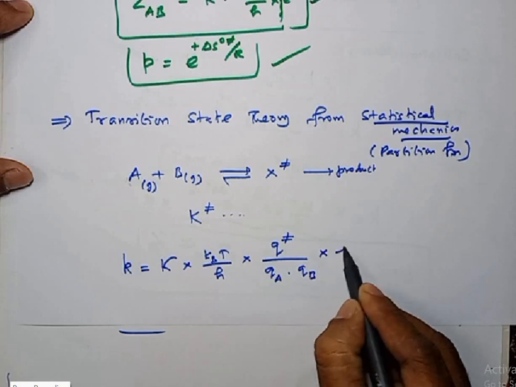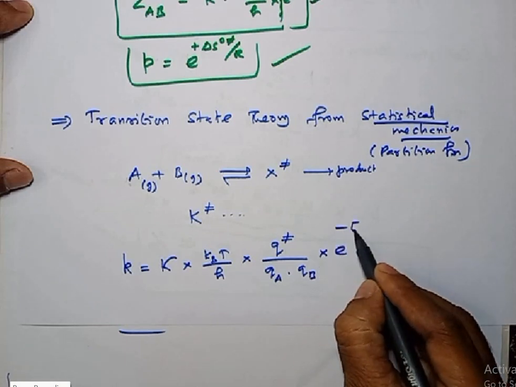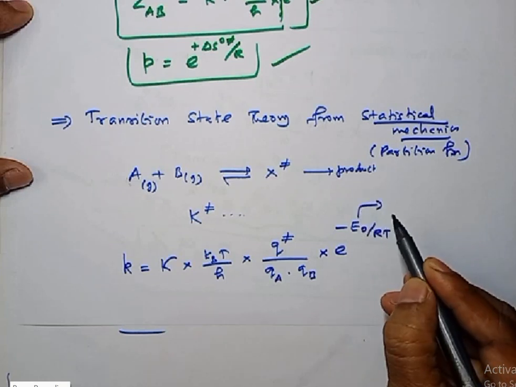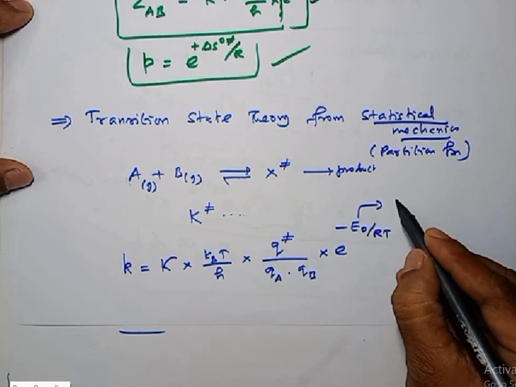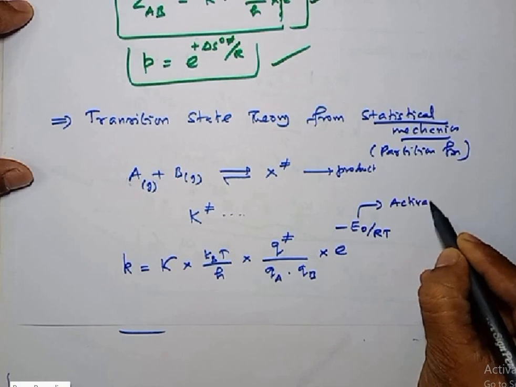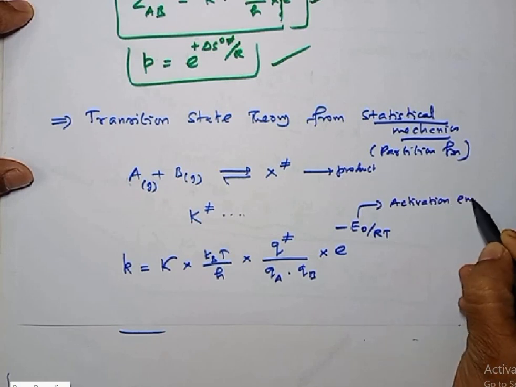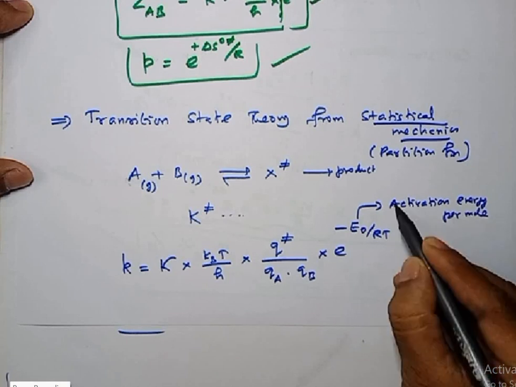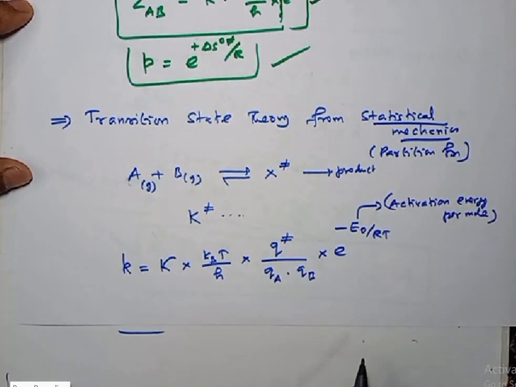Into e power minus E naught by RT, where this E naught is the activation energy per mole of the compound.